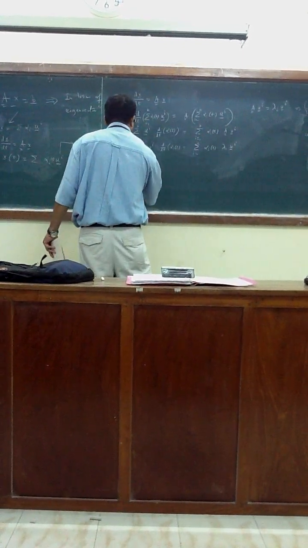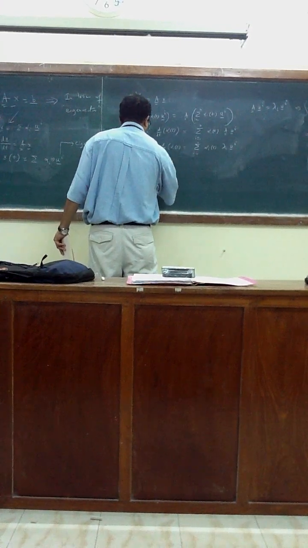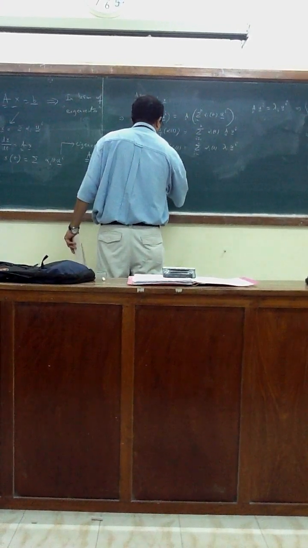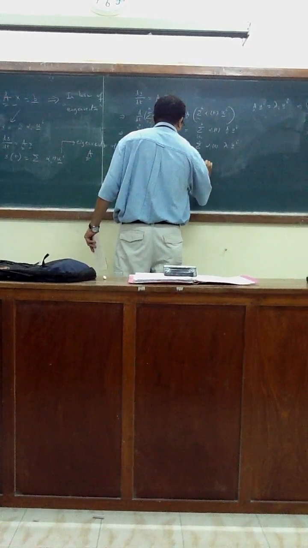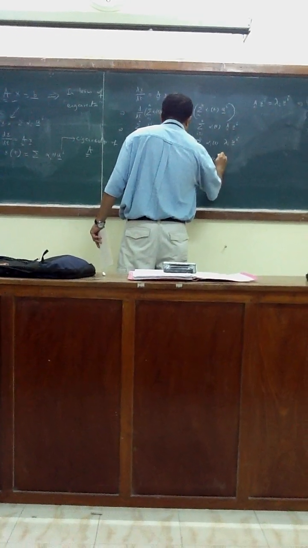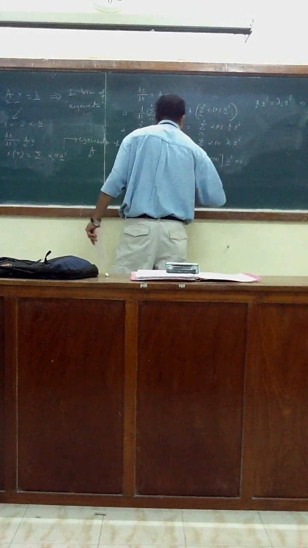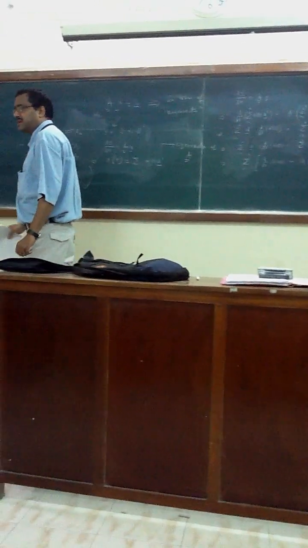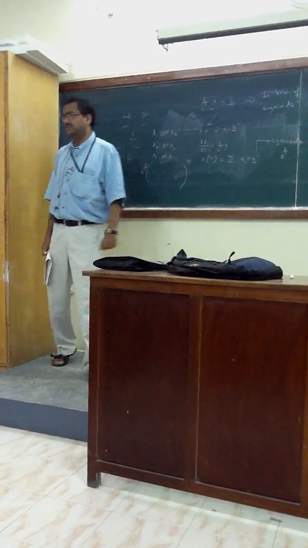Next step you can write summation i equals 1 to n of (d/dt of alpha i(t) minus lambda i alpha i(t)) ui equals 0. Can I write? Just a simple side change, nothing else.